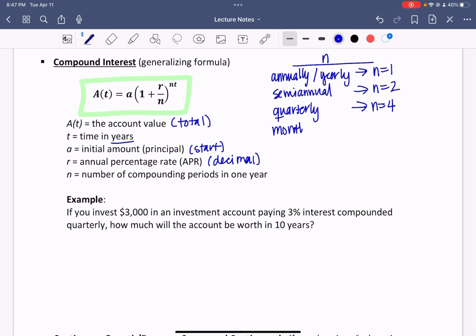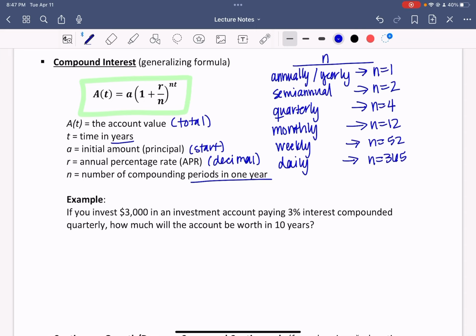If something is compounded monthly, there are 12 months in a year, so it would compound 12 times. If something is compounded weekly, there are 52 weeks in a year. And if something is compounded daily, then N is equal to 365. You can see all of these are based on how many compounding periods are in 1 year. So these are where those N values are going to be coming from.